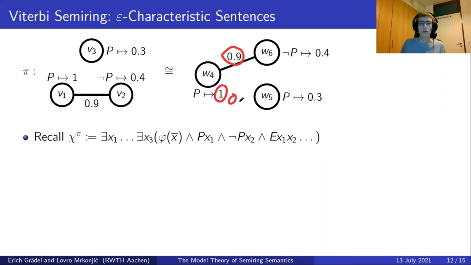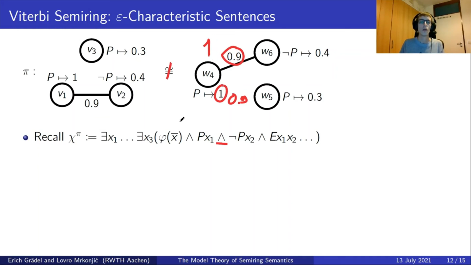And for example, we put 0.9 here and 1 here. And what happens is this breaks our isomorphism, but since these conjunctions are interpreted by multiplication, it doesn't actually change the value if we interpret the characteristic sentence under this new swapped structure.